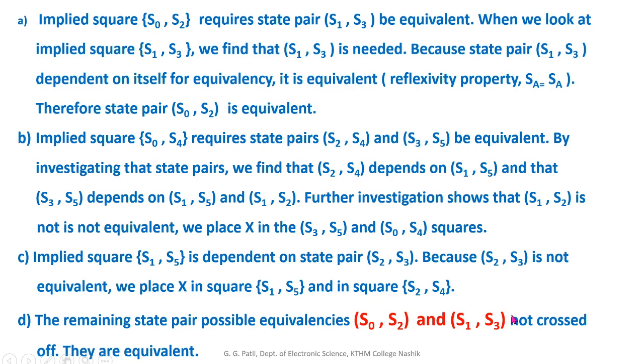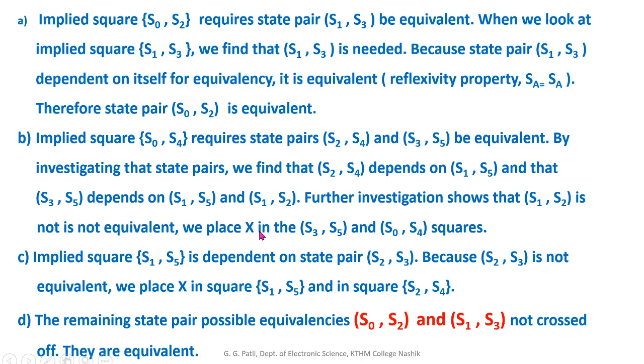The same thing is described here. Let us go through it. Implied square S0 S4 requires state pair S2 S4 and S3 S5 be equivalent. By investigating those state pairs, we find that S2 S4 depends on S1 S5 and that S3 S5 depends on S1 S2. Further investigation shows that S1 S2 is not equivalent.